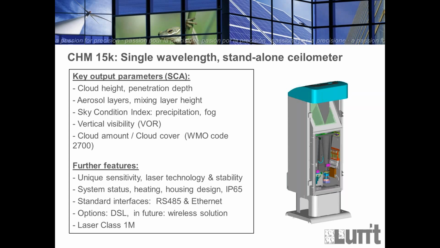All these parameters inside our Ceilometer are calculated within this so-called sky condition algorithm. So the sky condition algorithm is something integrated in the Ceilometer, delivering all these parameters, and maybe some more in the future.